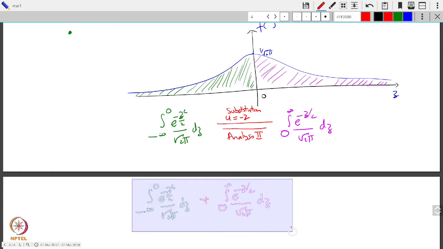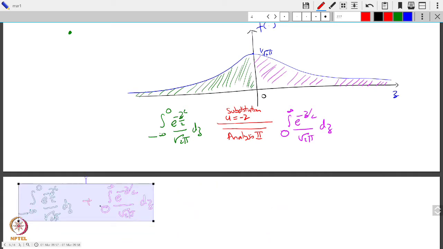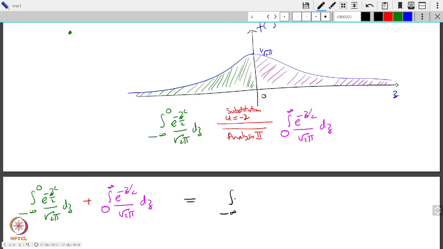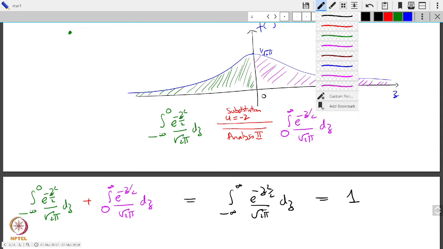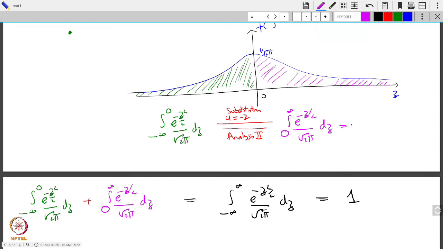Okay, that's very good. The green plus the pink we know is the same as the integral from minus infinity to infinity of e to the minus z squared by 2 over root 2 pi dz, and that's going to be equal to 1. So the green plus the pink is 1, and the green and the pink are equal. That means that each of the green and the pink is just a half.